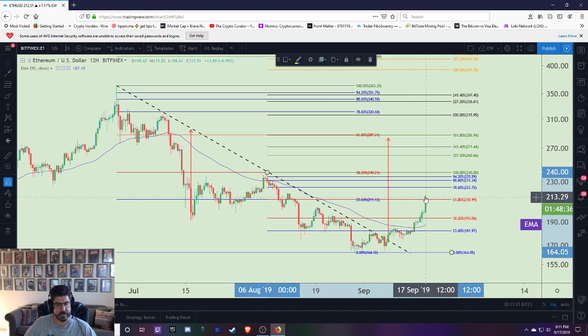One thing I'd like to see is, I talked about filtering in a video a couple videos ago, it might have been last video, where I like to see at least three consecutive closes above a line to give it a break. So right now we're waiting on the 12-hour candle. We've got another hour and 48 minutes, but I'd like to see three 12-hour candles consecutively close above this line, or I'd like to see something that closes at least 3% above the line to make this support.